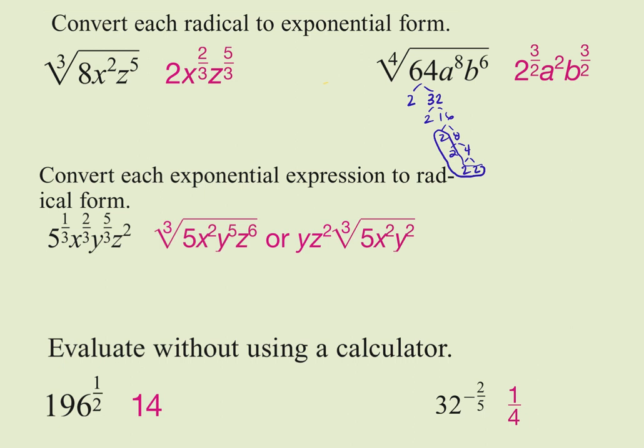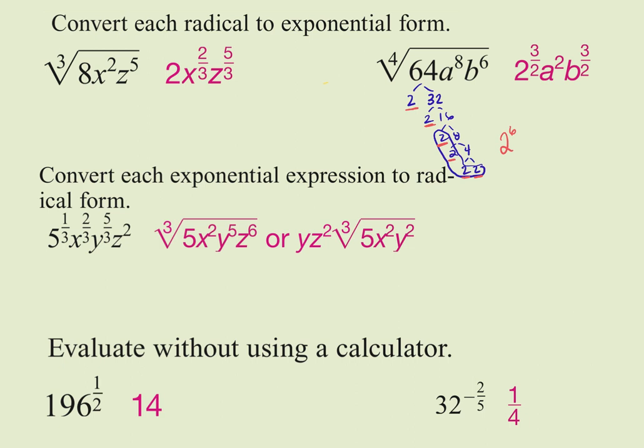So think about it as rewriting him in fractional form to count up all of these. So I'm going to say I have 1, 2, 3, 4, 5, 6 of them. So I can rewrite 64 in prime as this, 2 to the 6th, okay? And so that is actually my numerator there, the 6.